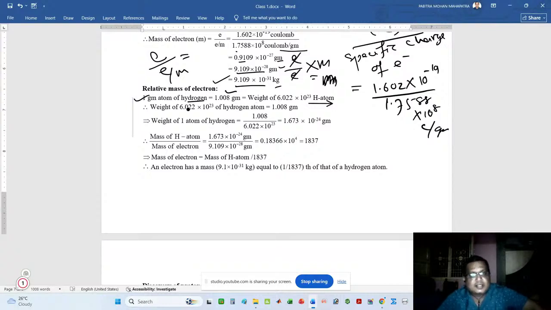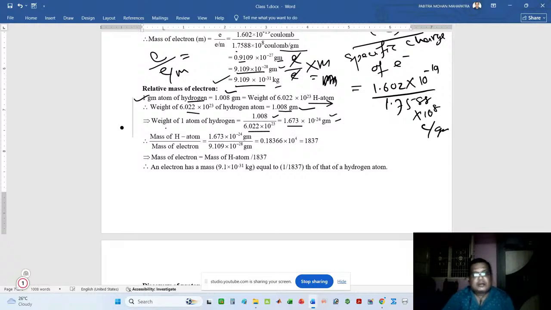So here I can say that the weight of 6.022 into 10 to the 23 hydrogen atoms is 1.008 gram. If you want to find the weight of one hydrogen atom, it is 1.008 divided by 6.022 into 10 to the 23. If you solve, the weight of one atom of hydrogen is 1.673 into 10 to the power minus 24 gram.